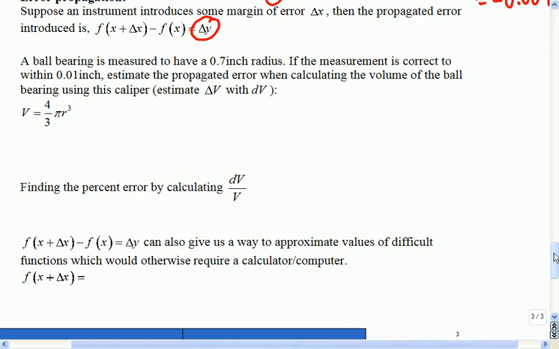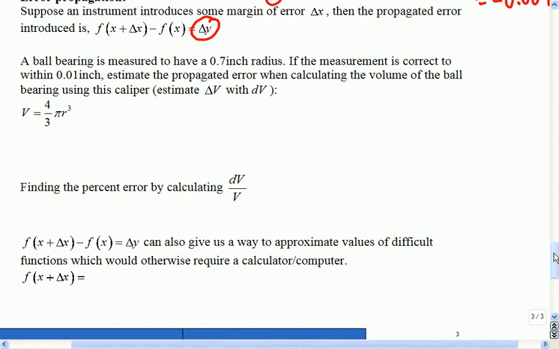Okay, so here's the scenario we're going to look at, just to give us an idea of how people in lab sciences will deal with this idea a lot when they go there. A ball bearing has a 0.7 inch radius, and we've measured it with a caliper, and on the box, the caliper's accuracy is 0.01 of an inch. So you might look at all that and say, oh great, I'm within 0.01 of an inch.